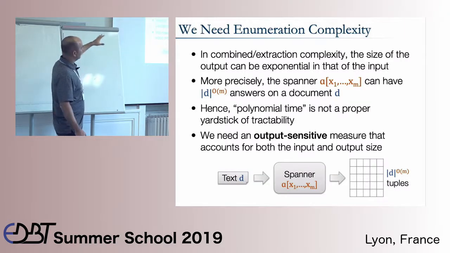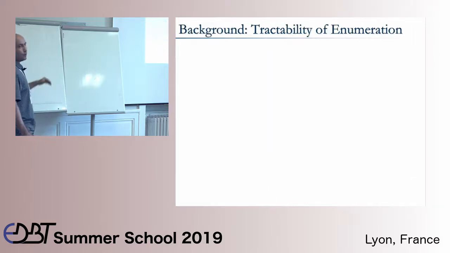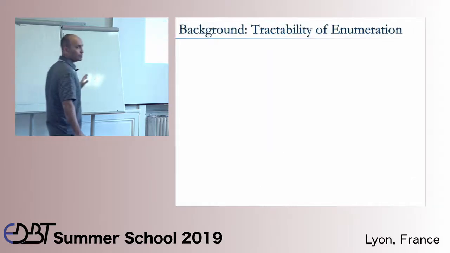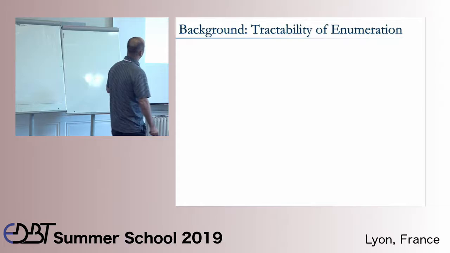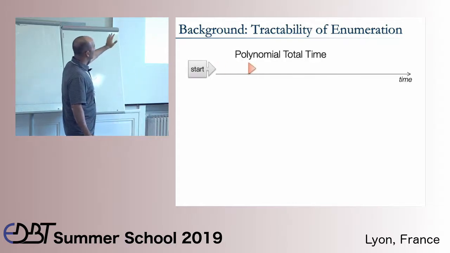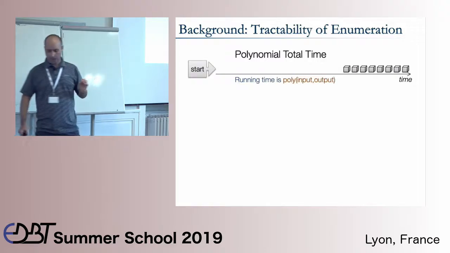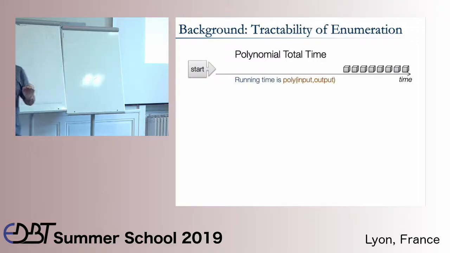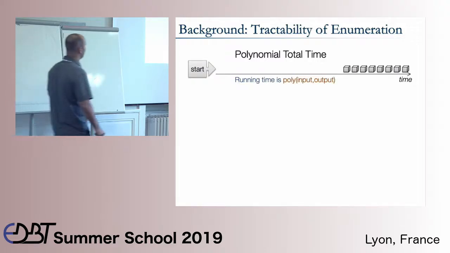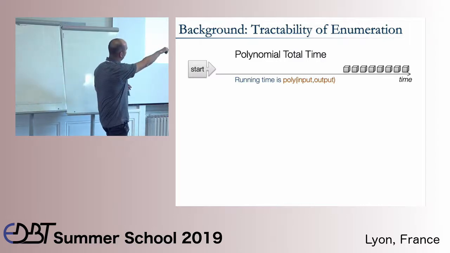This is a general theory of enumeration complexity. Here are the standard definitions in enumeration complexity. These are the notions of tractability. One of the most common ones is polynomial total time, which says that the execution time is polynomial in the combined size of the input and the output. So you have an algorithm. It can wait for a long time before it produces something.